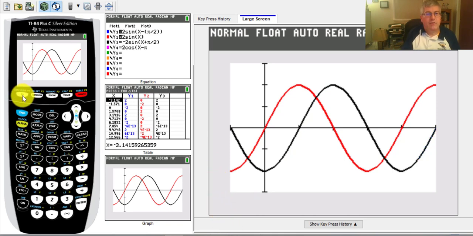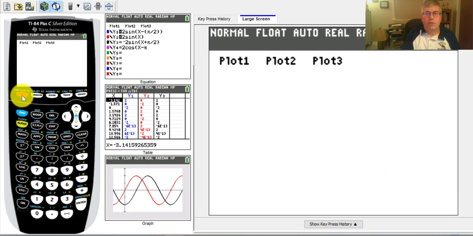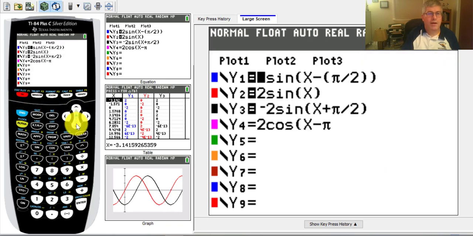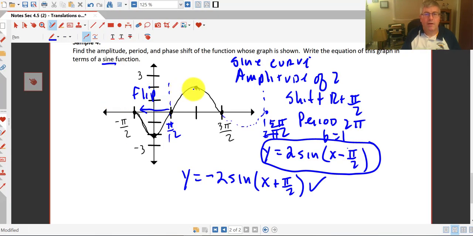Now it didn't ask for this, but we could also graph this in terms of a cosine curve. And this is the cosine curve of y equals 2 cosine of x minus pi. So think of this as taking the cosine curve and shifting it pi units to the right. Remember, our cosine curve starts at 1.